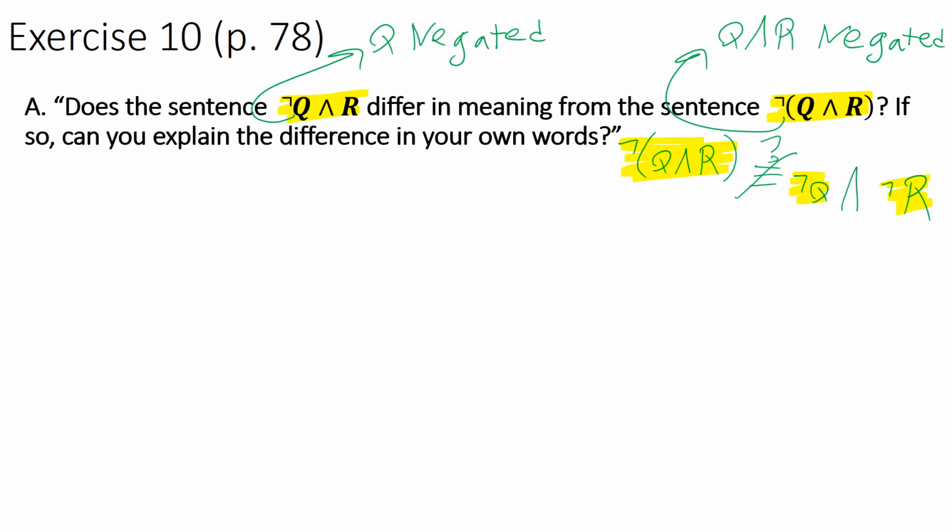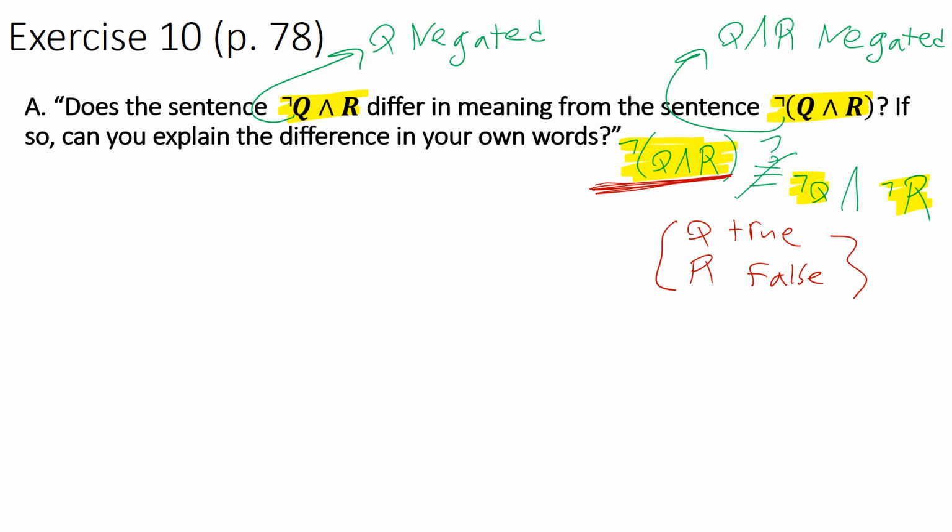We can also consider this in terms of an example. So let's pretend we knew for a fact in the concrete that Q is true and that R is false. So given this, would this be logically compatible with this molecular sentence? Again, the molecular sentence tells us that Q and R are not both true.